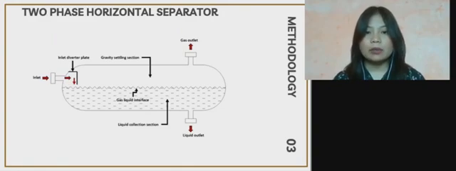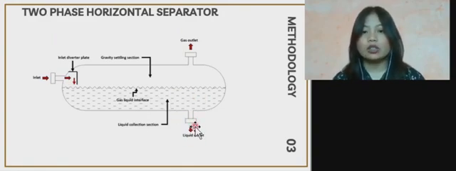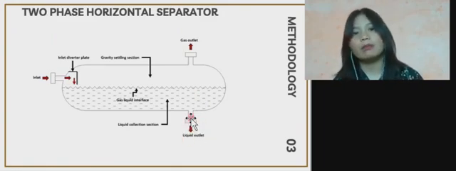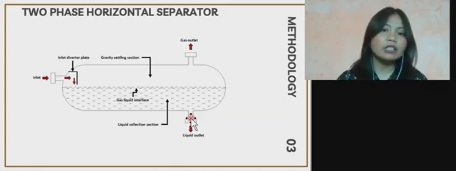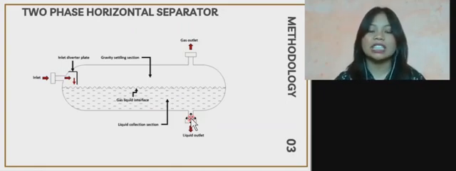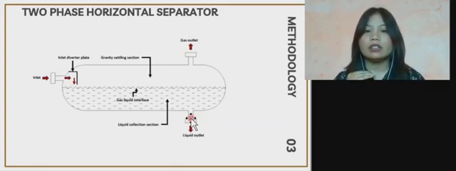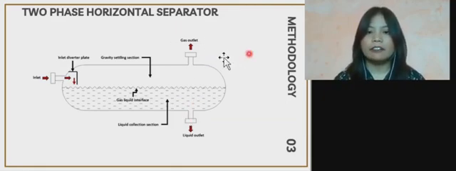The separated liquid then leaves the vessel through here, through the liquid dump valve, which is regulated by a level controller. The level controller senses changes in liquid level and controls the dump valve accordingly. This is the dump valve.